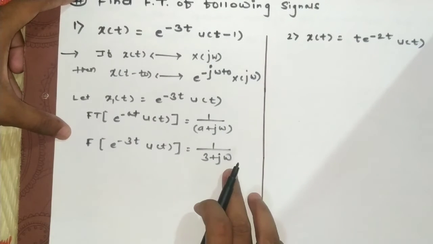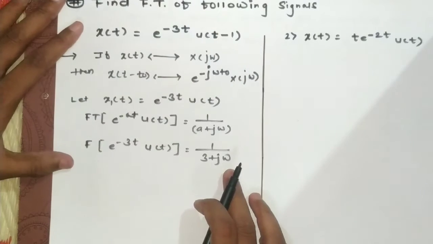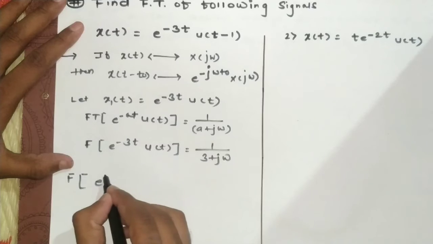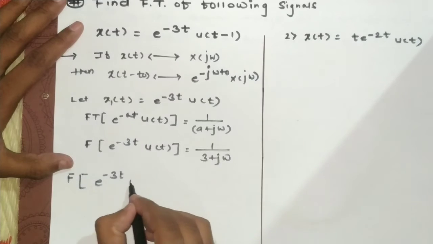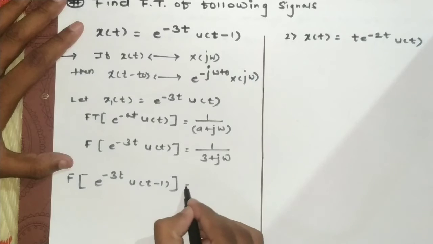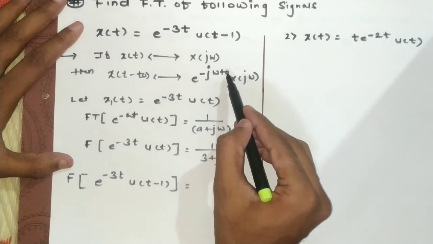Now we will shift by time period 1. Therefore I can write the Fourier transform of e raised to minus 3t into u of t minus 1 as equal to, now we have to introduce the exponential term with the shift of 1.